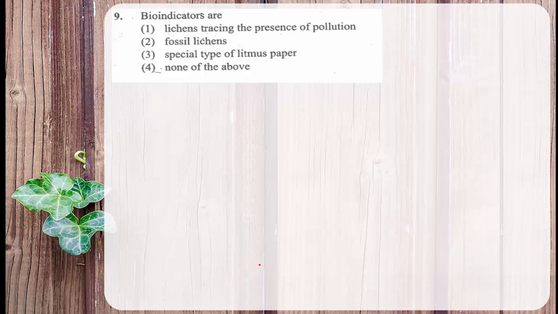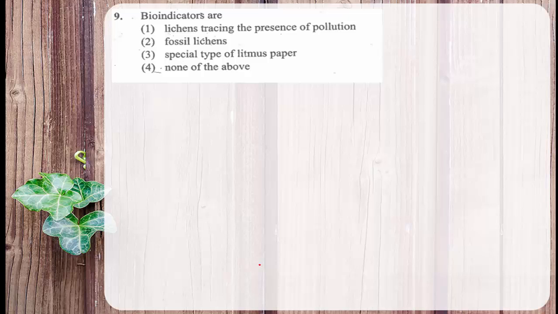Bioindicators, any organism, it may be plant or it may be animal or it may be any organism, if it indicates any change in the character of environment, any change in the property of environment, specifically due to the addition of unwanted substances, and addition of unwanted substances in the environment, it alters the physical property, chemical property and biological property of the environment, and this process itself is called pollution.